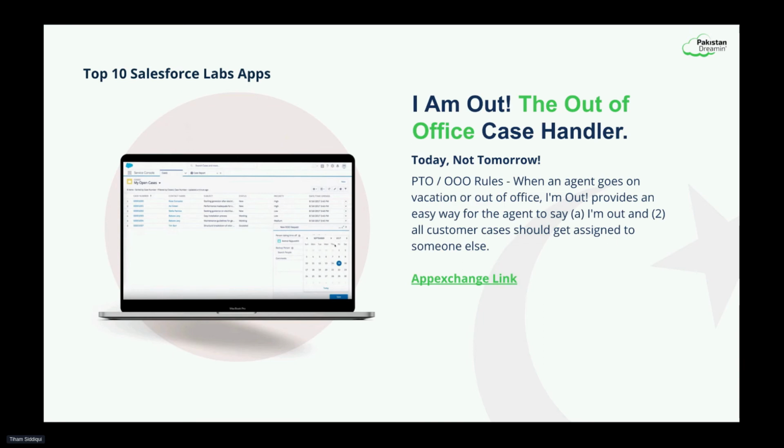All of my cases and all of the upcoming cases that are going to be assigned to me will now be assigned to Jerry, because he's now the backup person for this time period, from 1st October to 10th of October, as I've configured the out of office case handler. All of these cases will now be handled by Jerry, and I can rest in peace. I can enjoy my holidays.